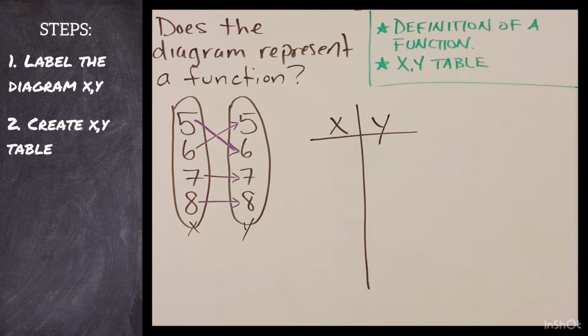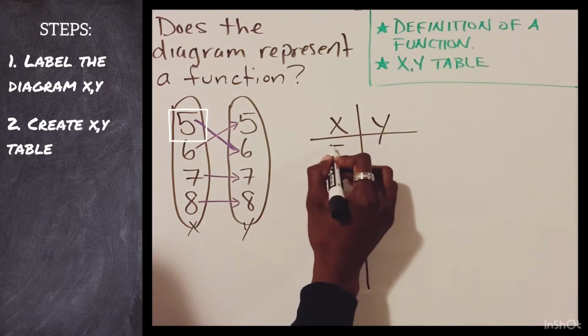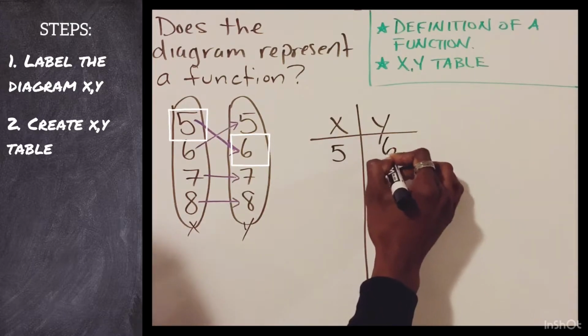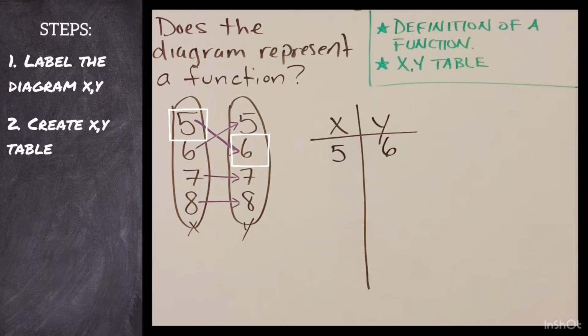Now we see on the left side that we have a 5. So that's our first X value. And that 5 has an arrow that's pointing to a 6. So the 6 will be our first y value. Then let's look back on the left side of the diagram where we see our second value is a 6.